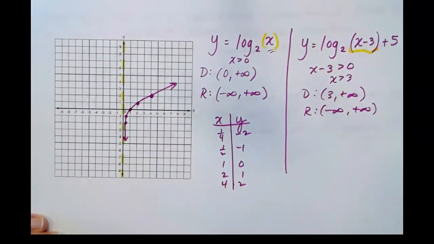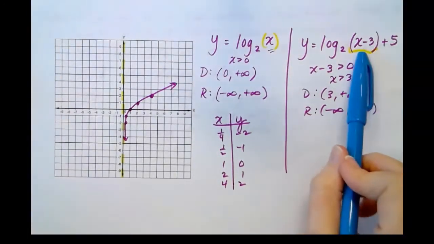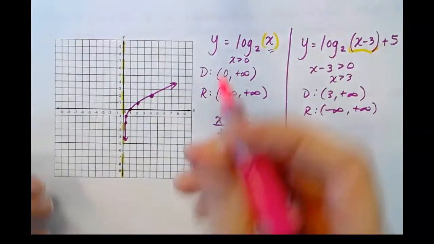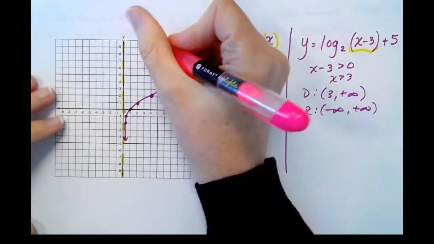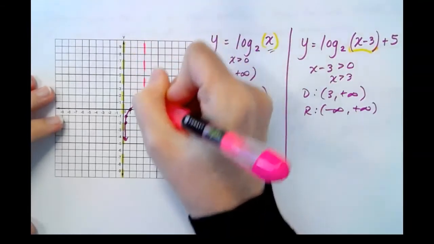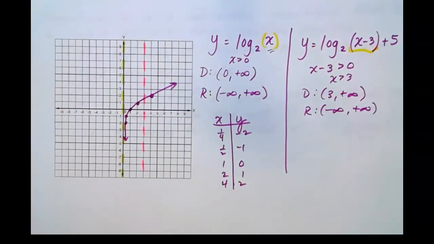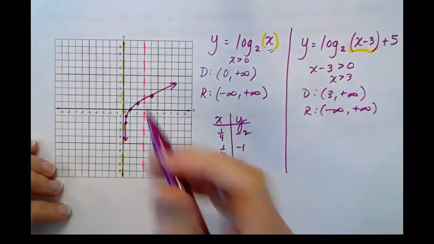So our graph is going to be moving 3 to the right and up 5. So if we're moving 3 to the right, that means our vertical asymptote is also moving 3 to the right. So all the points are moving 3 to the right and up 5.